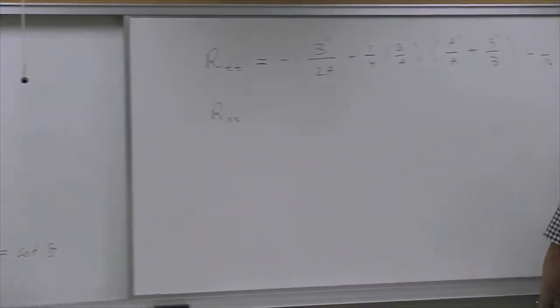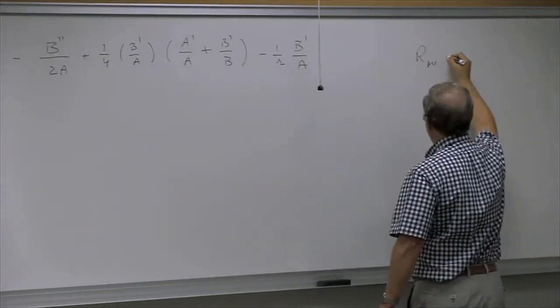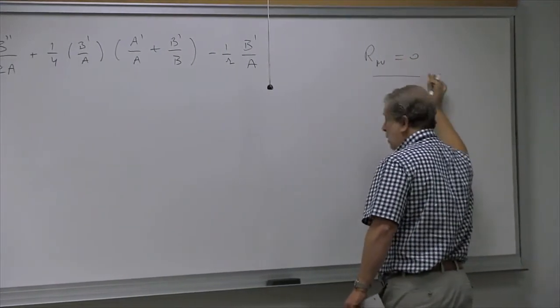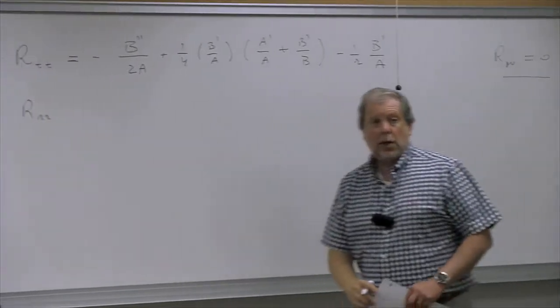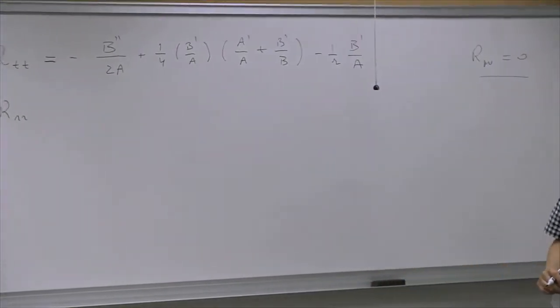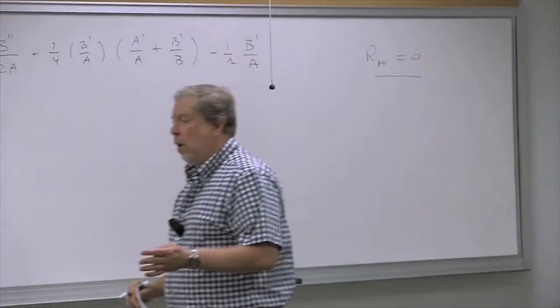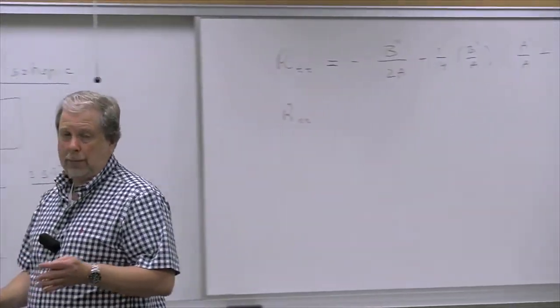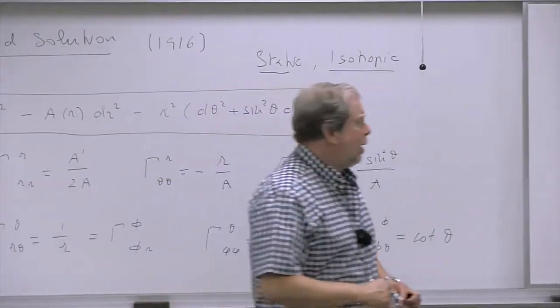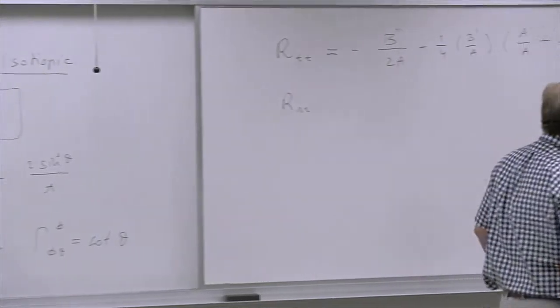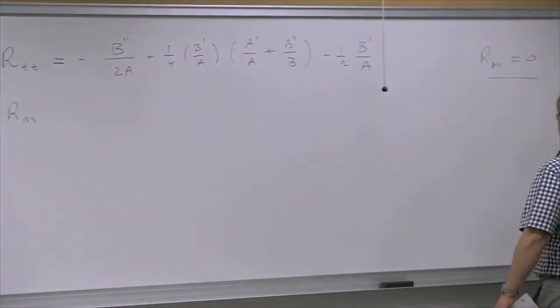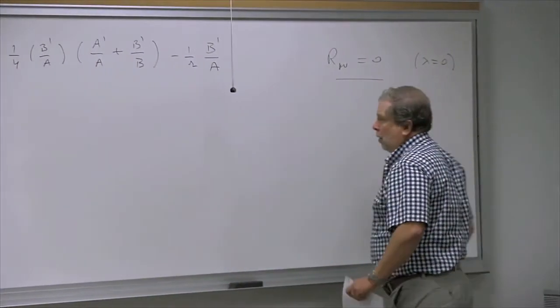Remember that we are looking for solutions that satisfy R mu nu is equal to 0, because that's all that's left of the field equations if we are looking at no sources anywhere except possibly at the origin, right? And the cosmological constant, of course, is also 0, right? So we don't have that term either.